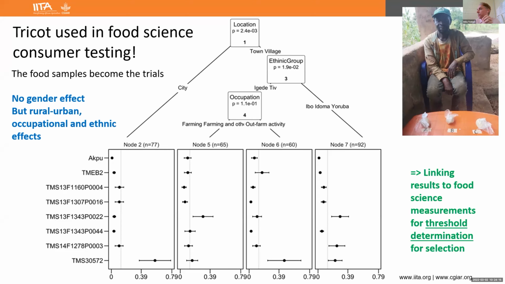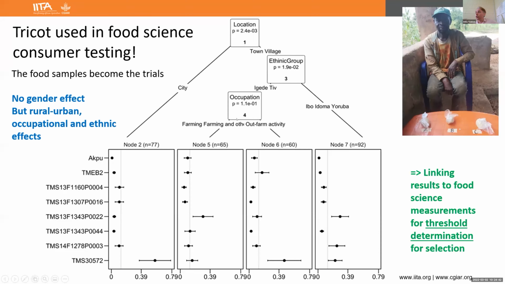The climb-up system analysis determines some nodes, and you can see that people in the city, for example, all like 30572 as a variety, and the rest is all minor. There's not really a chance for the other varieties. They really like that one. But if you go to the more rural population, you see that other varieties are coming up, and within that rural population, the occupation is also important.